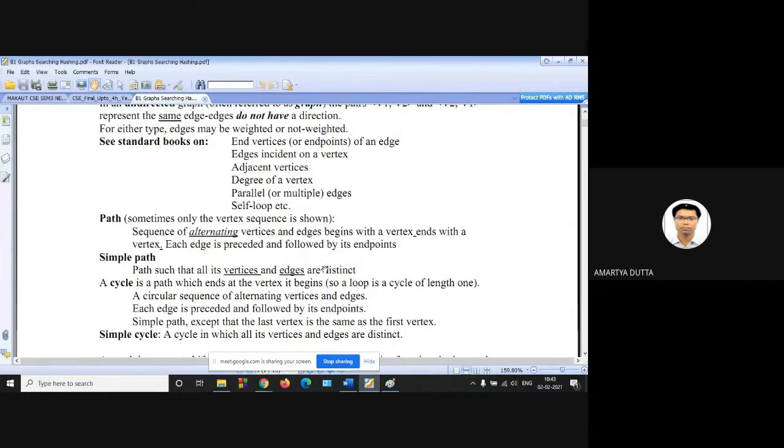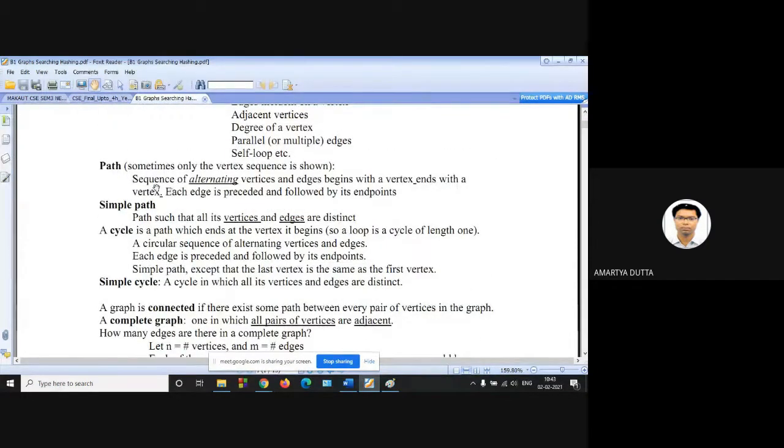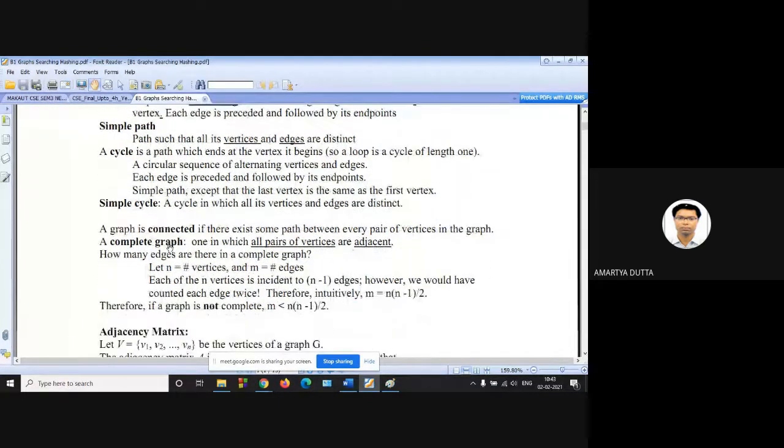So these are some definitions. Path: it is a sequence of alternating vertices and edges, begins with a vertex, ends with a vertex. Each edge is preceded and followed by its endpoints.